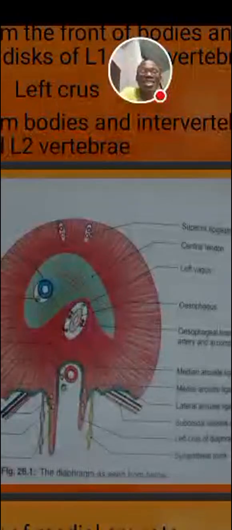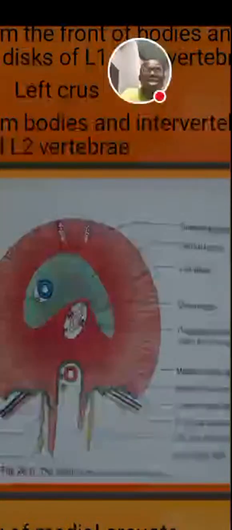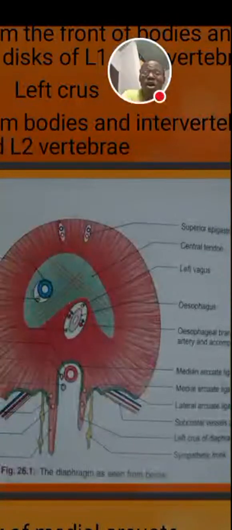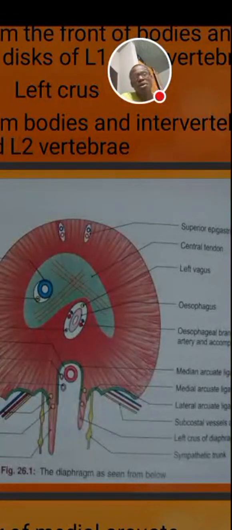Lateral means side: the side of L1 and the tip of the transverse process of both L1 and L2. Do you follow? Okay, so that's about the origin.